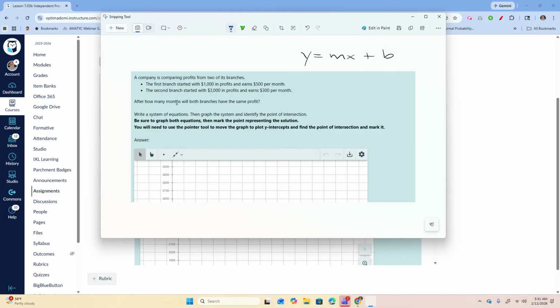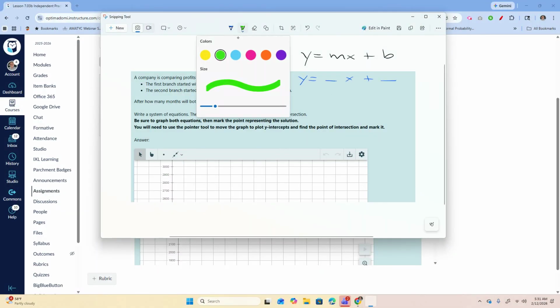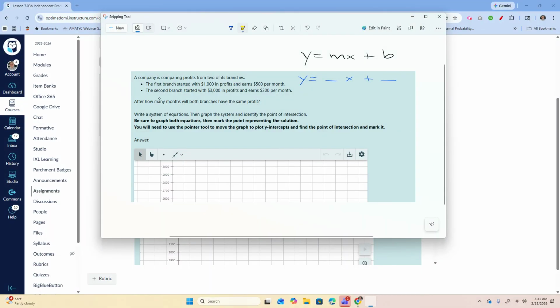So we have two companies, okay, who are comparing profits. The first branch, I'm gonna make the equation y equal blank x plus blank. And I'm gonna identify my b, my initial value. Look what it says here. The first branch started with $1,000.